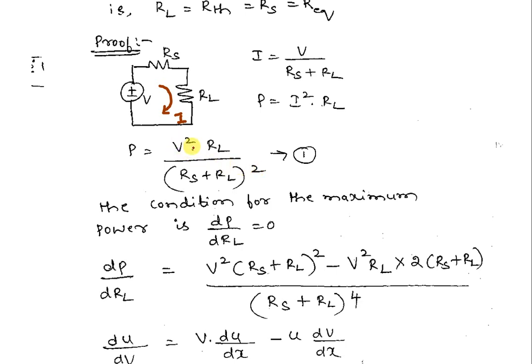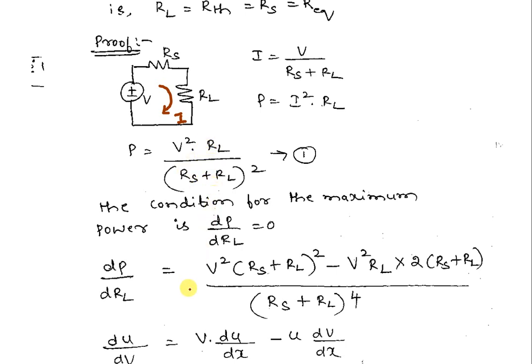The formula is: denominator square into, denominator into differentiation of numerator, minus numerator into differentiation of denominator. That is the formula for differentiation of a ratio P by Q. Here it is in the form of numerator and denominator, a ratio.